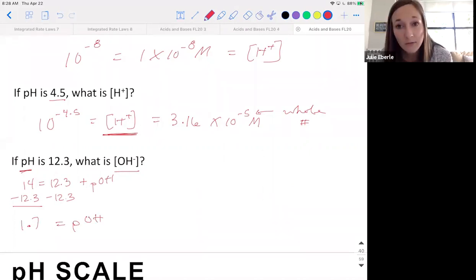Now, same thing as we did with pH. If we know pOH, same idea, we just do 10 to the negative 1.7 equals the concentration, this time not of H plus, but of OH minus. So we just had to do one additional step here: get pOH, then you do 10 to the negative of that, to get the concentration of OH minus.